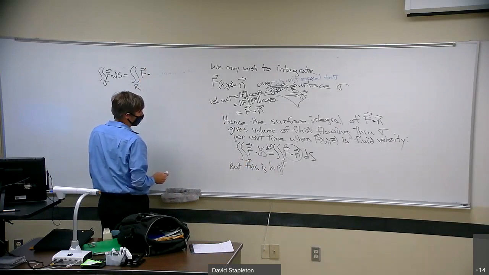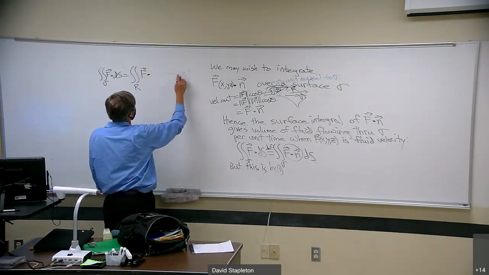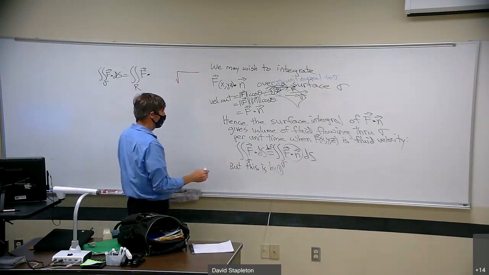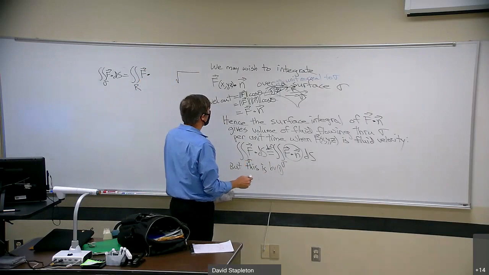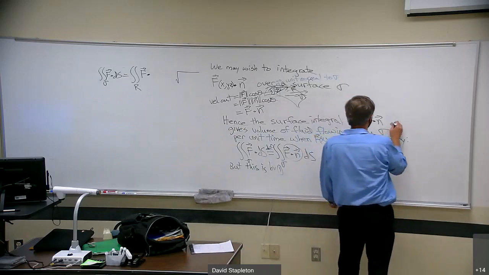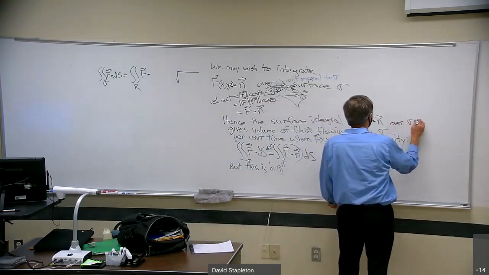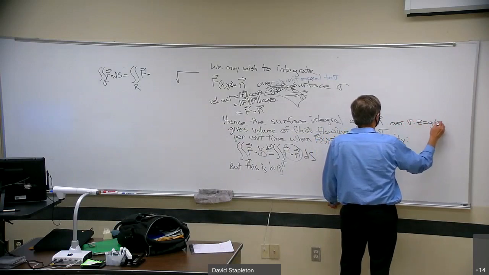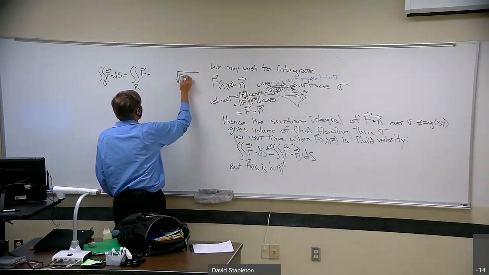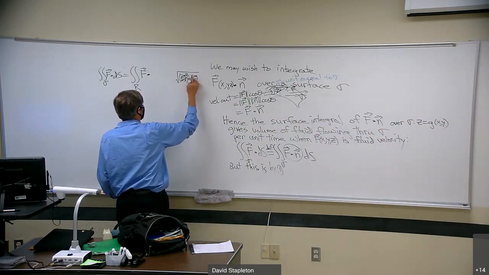What is a unit normal of the surface? I'm going to find out in a second. But dS is, for the surface integral of F dot n over a surface sigma given by z equals g of x, y, the square root of the quantity dg/dx squared plus dg/dy squared plus 1, dA.